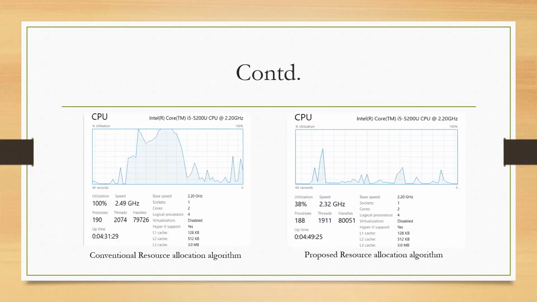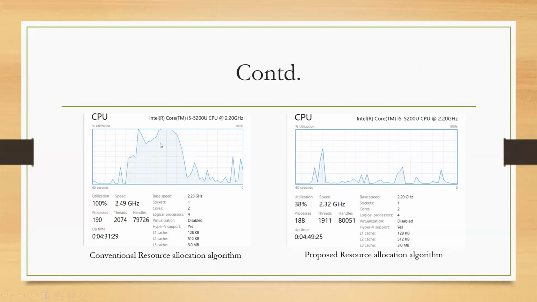Here is the performance, the processing power requirement of the allocation algorithm. The left side gives the processing power consumed by a conventional resource allocation algorithm, which you can see was in the middle, using 100% of it.